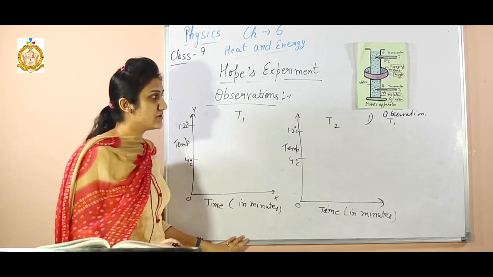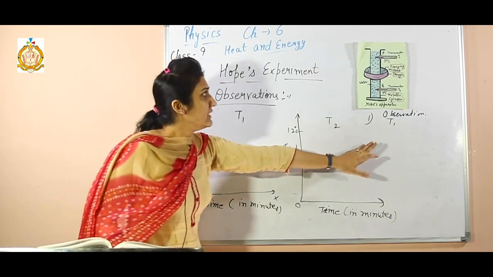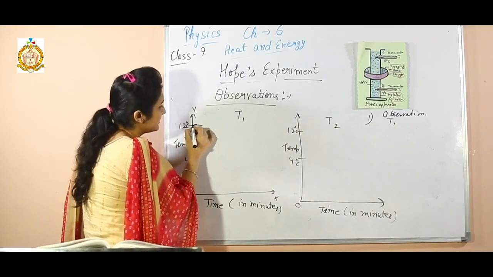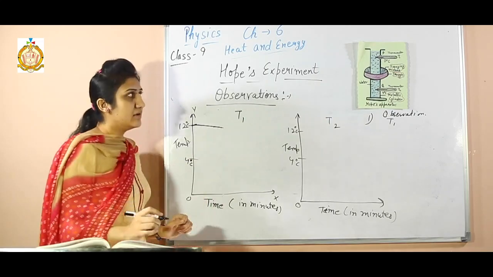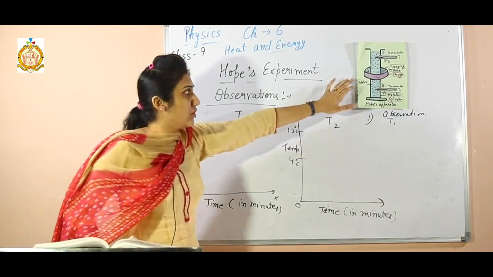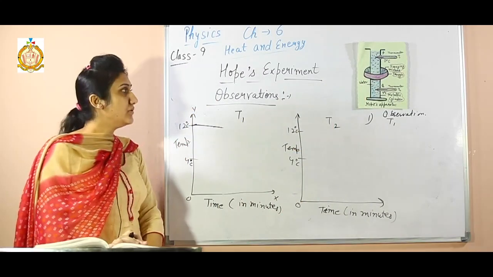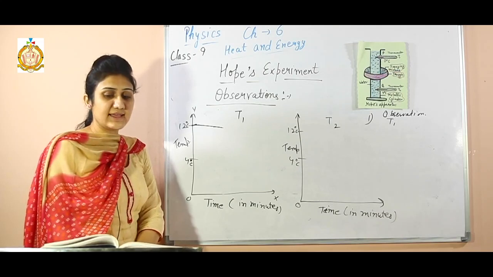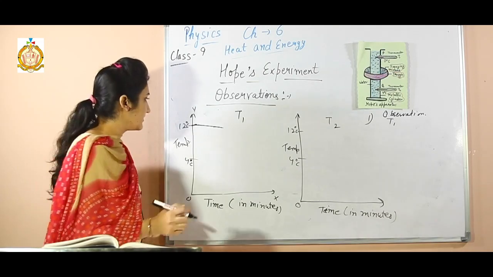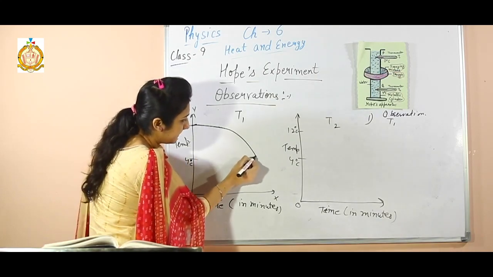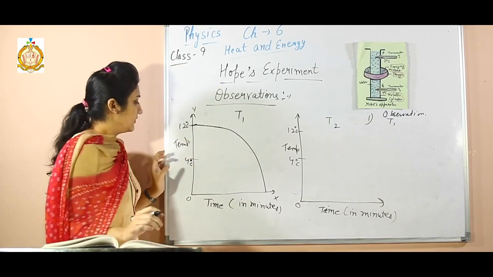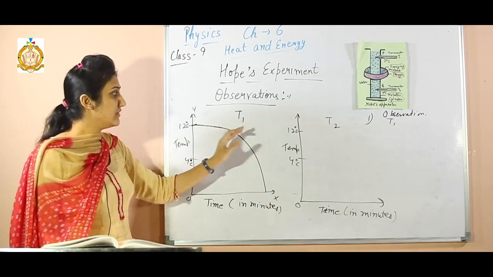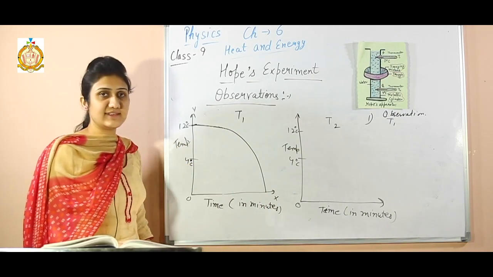Our first observation was that for the thermometer T1 it was steady, that is its temperature was steady, and then after some time its temperature fell. Up to what amount did its temperature fall? It fell to 4 degrees Celsius and then to 0 degrees Celsius. So we can write, with increase in time the temperature of thermometer T1 decreases up to 0 degrees Celsius.